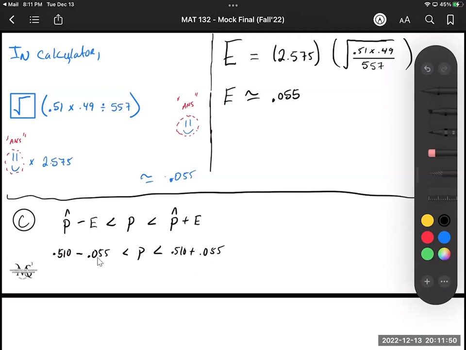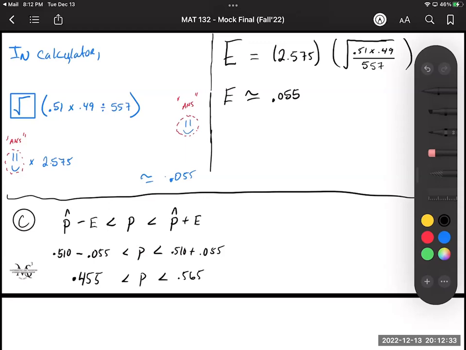So 0.510 minus 0.055 is what? 0.455 is less than P, and then 0.510 plus 0.055 is what? 0.565.